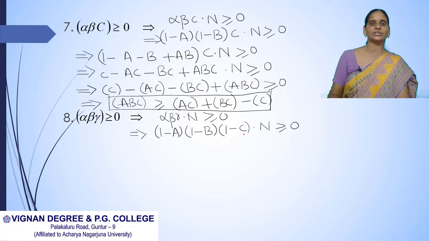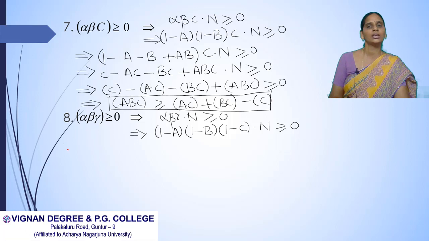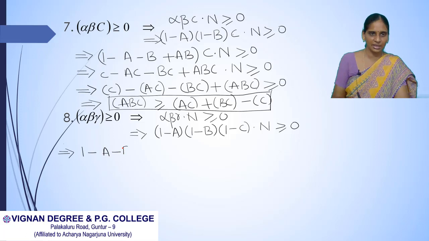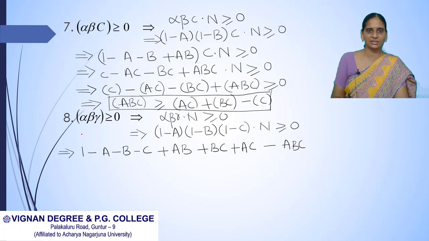So after the multiplication of 1 minus A, 1 minus B into 1 minus C, we get here 1 minus A minus B minus C plus AB plus BC plus AC minus ABC, into N, which is greater than or equal to 0.